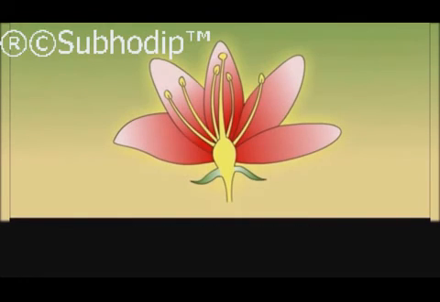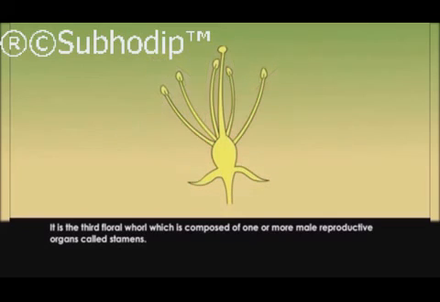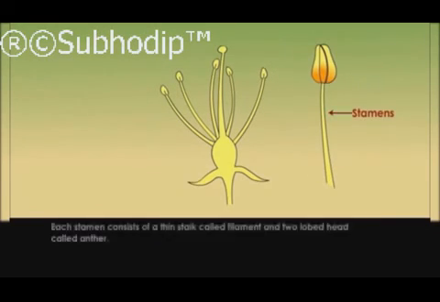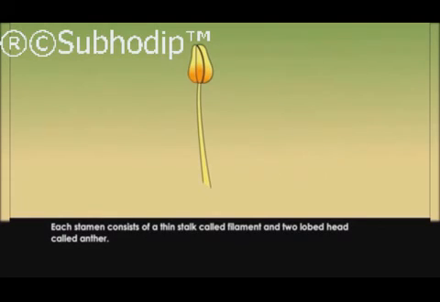Androecium or stamens. It is the third floral whorl which is composed of one or more male reproductive organs called stamens. Each stamen consists of a thin stalk called filament and a two-lobed head called anther.